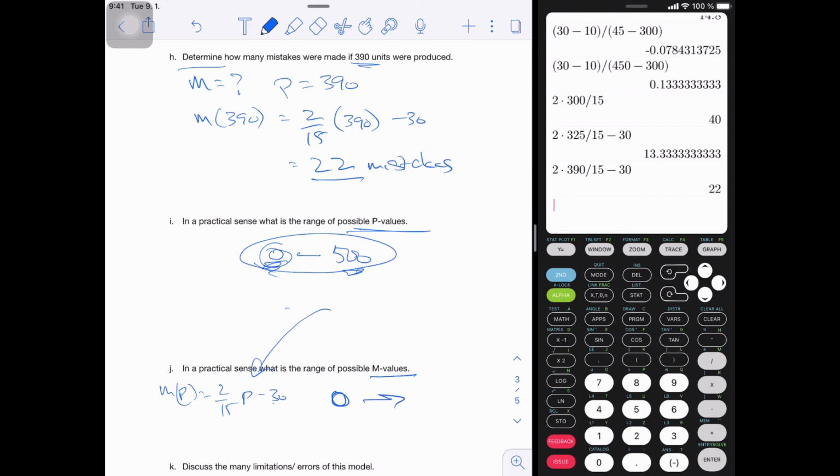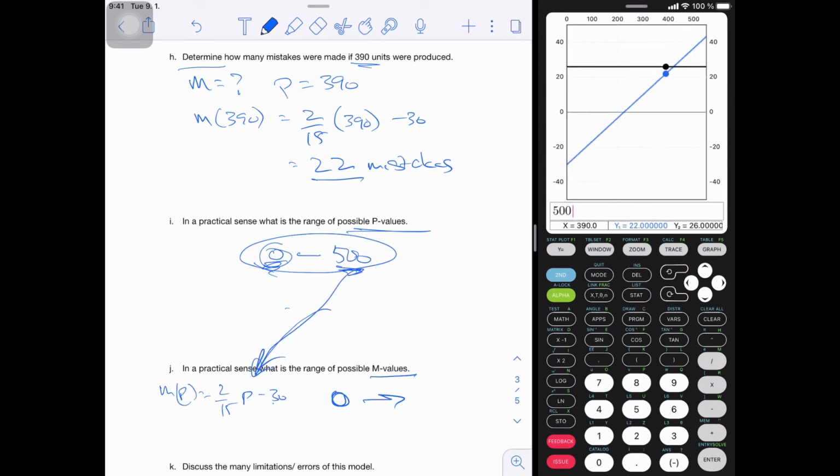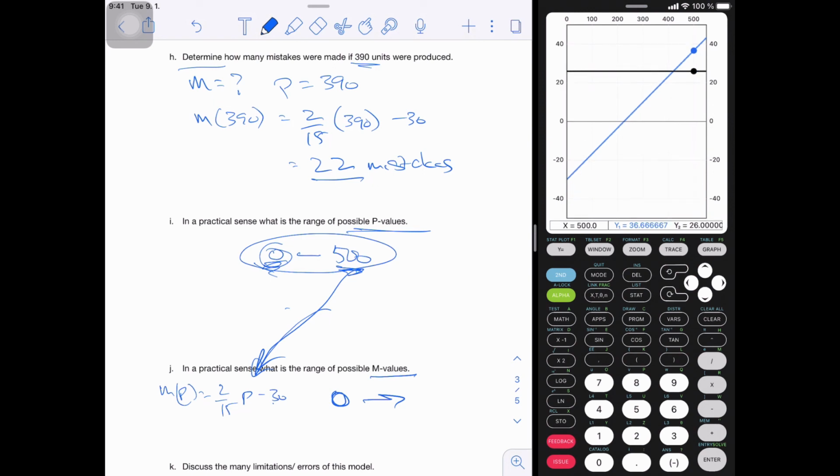But my maximum value could be, if I take my 500 and plug it in, if I go to my graph and trace 500, I can see that my value here is 36.6 or 36.7 mistakes, which really, we can't have 0.7 mistake. We're going to have 37 mistakes possible. So there's the range of m values.